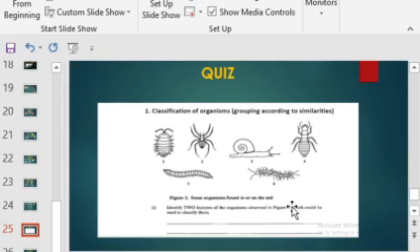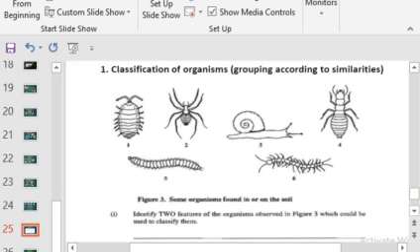So this question is asking, let me zoom it in. Classification of organisms, grouping according to similarities. Identify two features of the organisms observed in figure 3 which could be used to classify them.